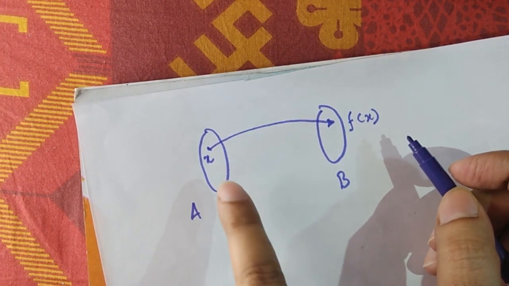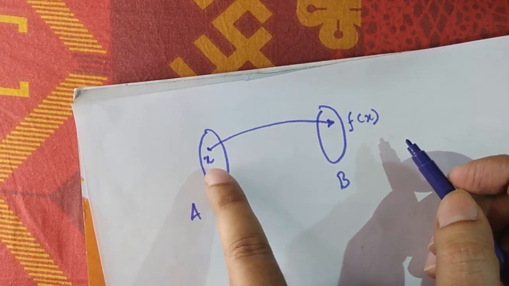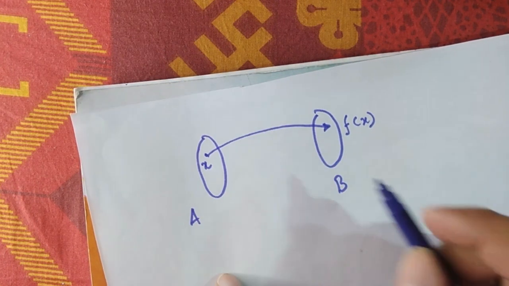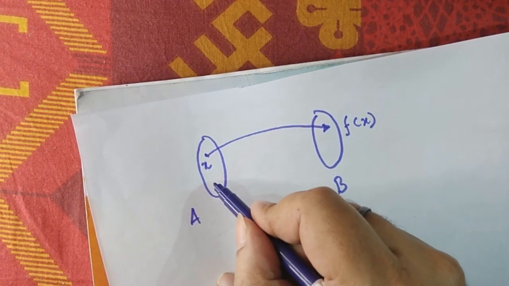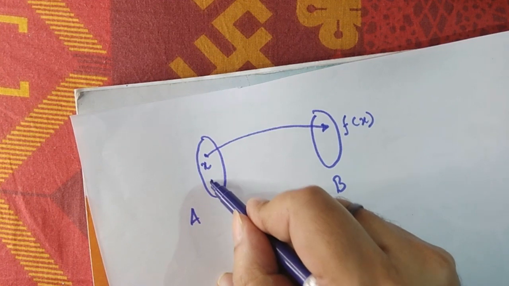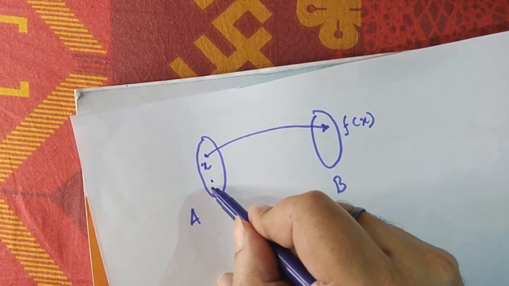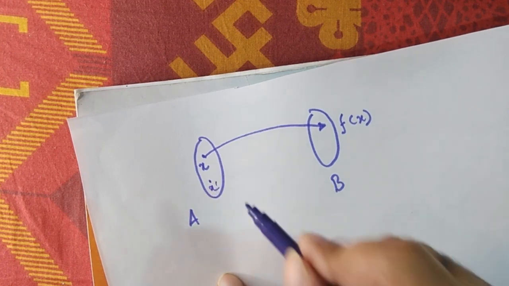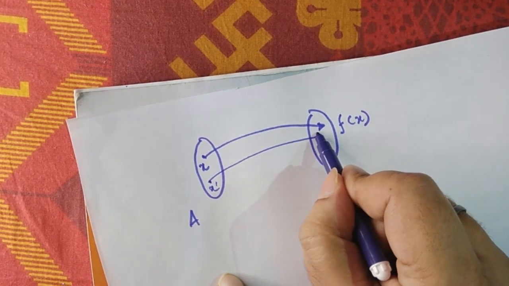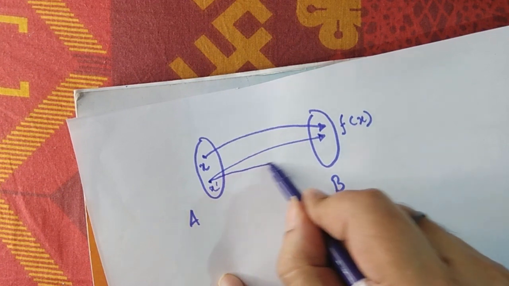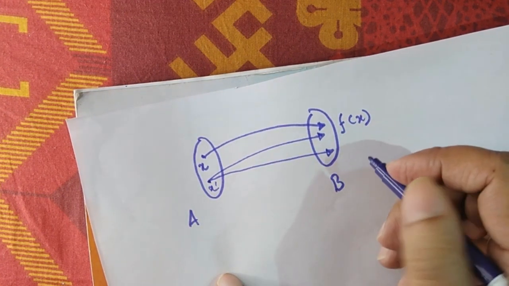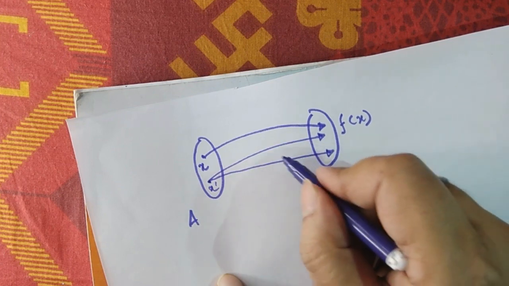The definition says that every element x will have a unique image f of x, which means that the following is not allowed. We cannot have an element, say x prime, which is getting mapped onto two different elements in the set B. This is not allowed.